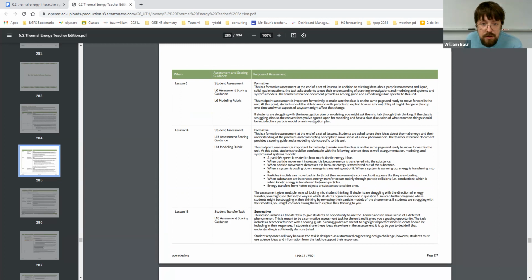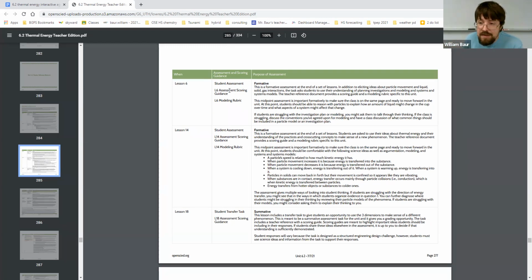There's also another assessment in lesson 6, and there are some rubrics for these assessments. Notice that a lot of these assessments are formative, and that they come at places where the topics change, like bends in the storyline.